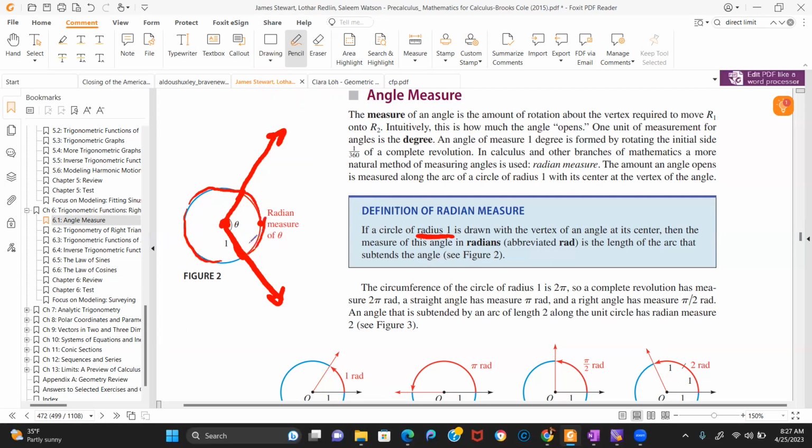You'll draw a circle with radius 1, and the vertex is at the center of this circle that you draw.